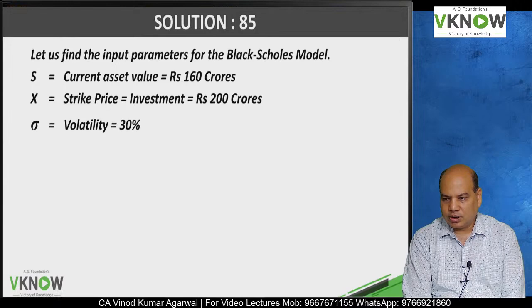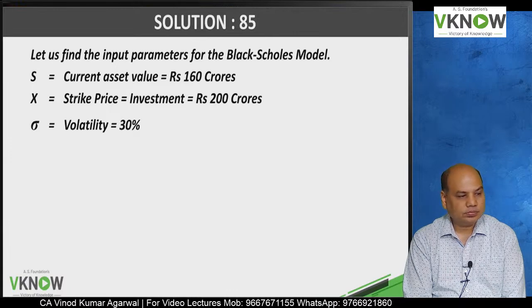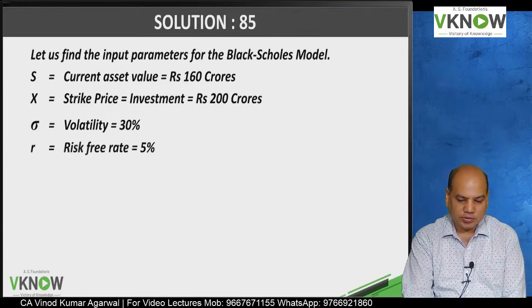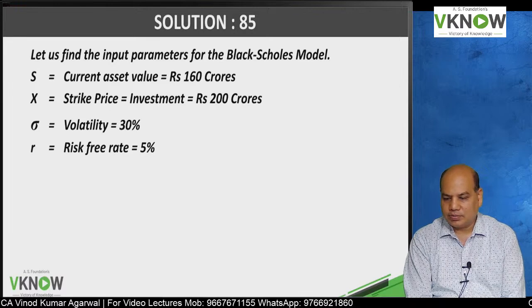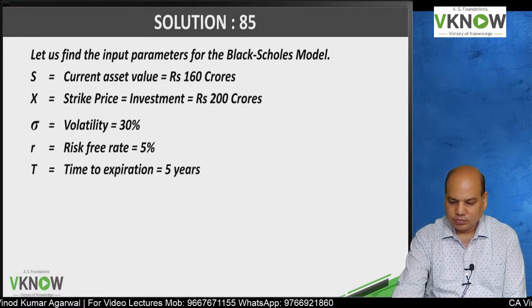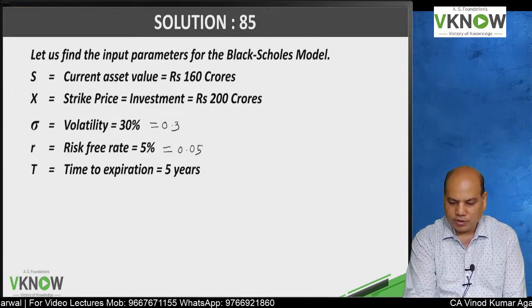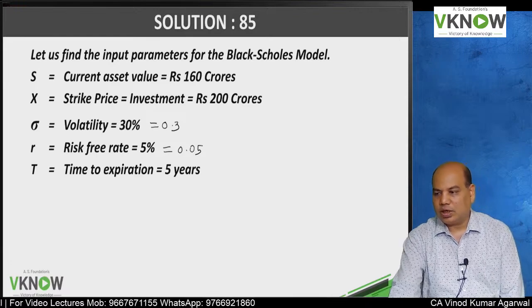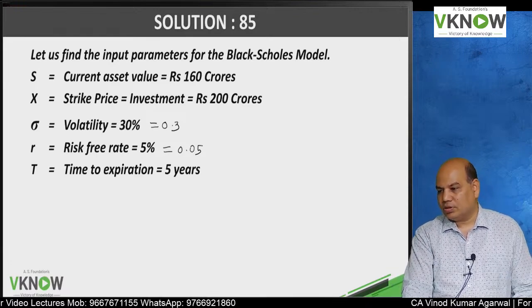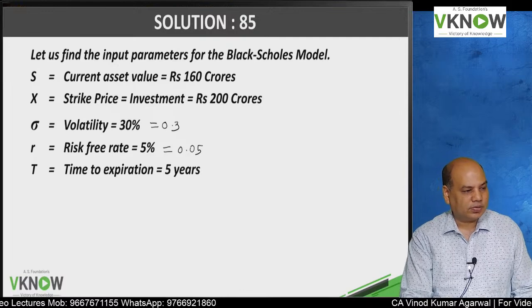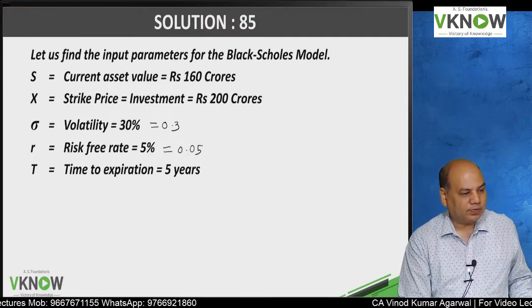Then sigma, standard deviation, equal to volatility, equal to 30%, which you also write as 0.3. R, risk-free rate, 5%, which you also write as 0.05. T, time to expiration, 5 years.